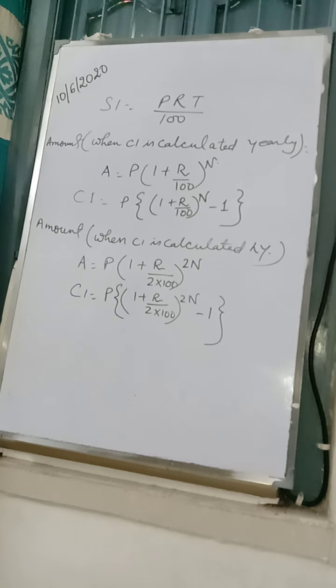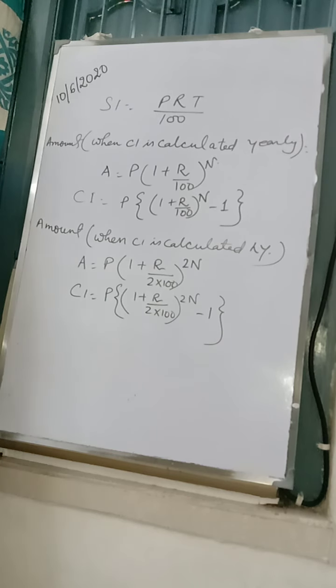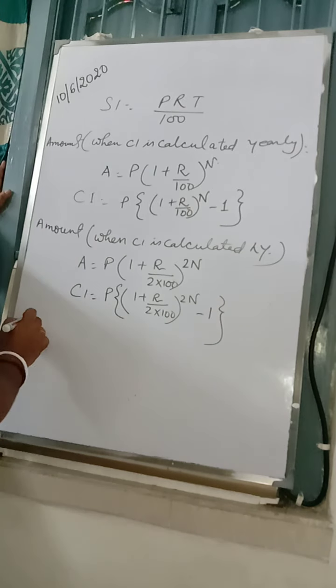If we have successive rate of interest, you didn't have sums for the quarterly, is it? So no need to read it. Now if you want, you can write it.